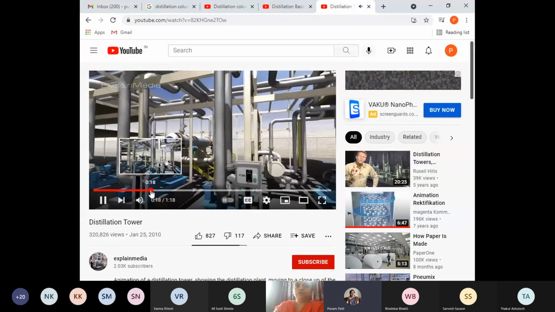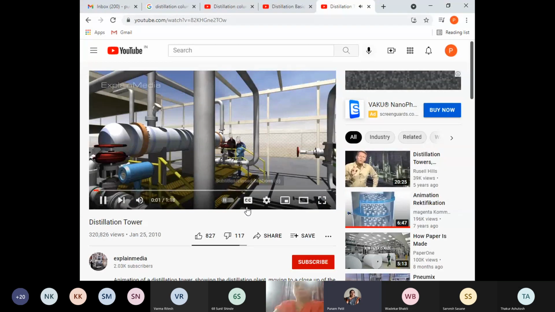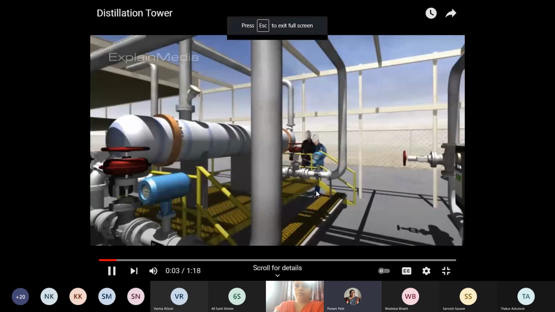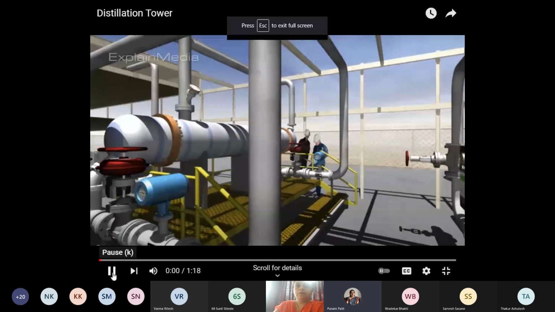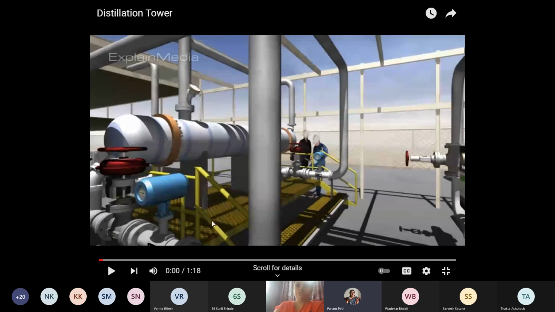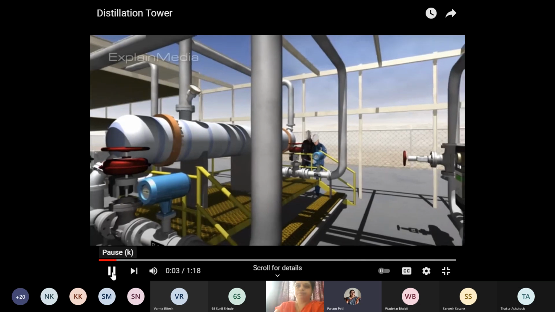Can you see this distillation tower? Okay. This is a distillation tower and the accessories attached to it. Just go through this way.